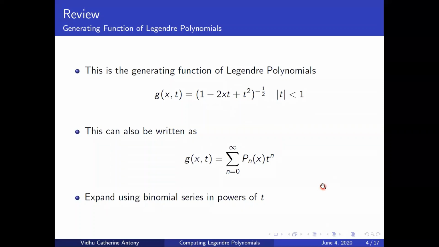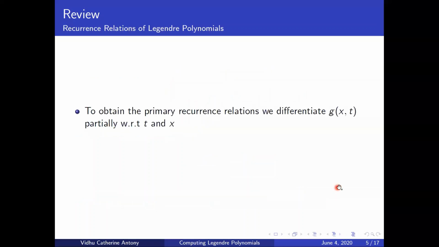We'll come to that later. Then we expanded this generating function, equated the powers, looked at the coefficients of particular powers of t, and found out the polynomials that we have. So now we'll go on to finding out the recurrence relations. That's what we did last semester.